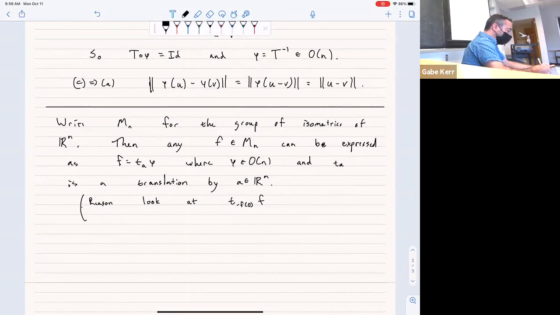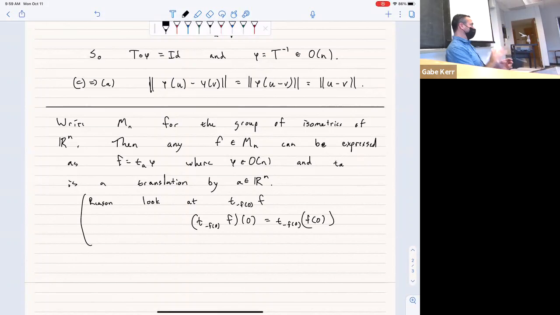But the one thing I can say about this particular isometry is that if I look at what happens to 0, this is minus f. So I'm translating f of 0 by negative f of 0, whatever it is, right? And so this is equal to 0.